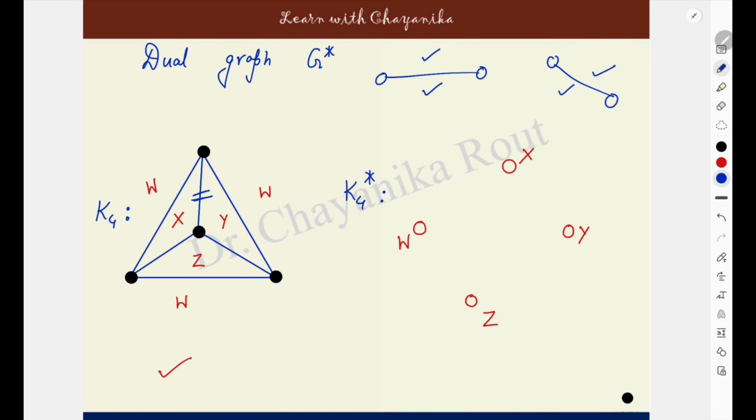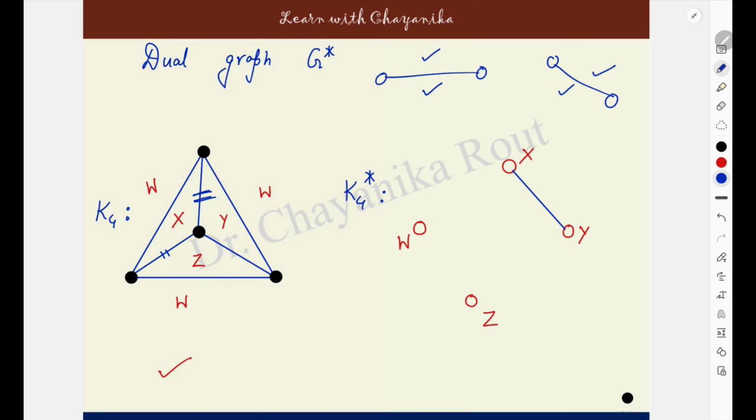For this edge there is face X on one side, and on the other side of the edge you are having face Y. That represents that there has to be an edge between the faces corresponding vertices, that is X and Y. So between X and Y you are going to draw an edge, and this edge corresponds to this particular edge.